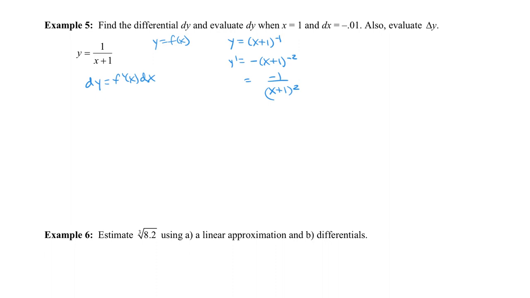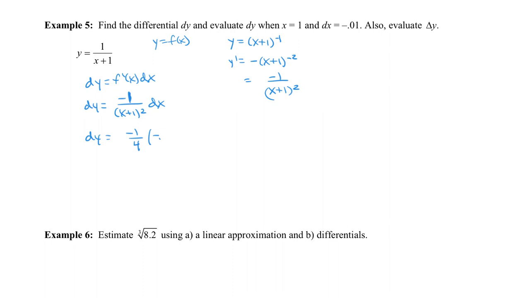So we can say that dy equals negative 1 over x plus 1 squared dx. And now we can fill this out. So x equals 1, dx equals negative 0.01. So that would mean that dy equals negative 1 over 1 plus 1 squared, which would be 2 squared, which is 4.